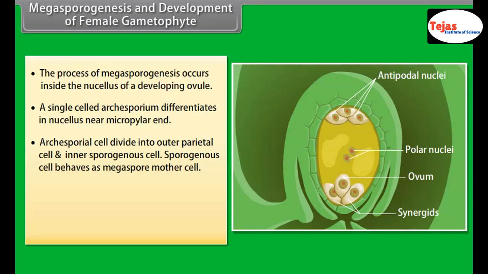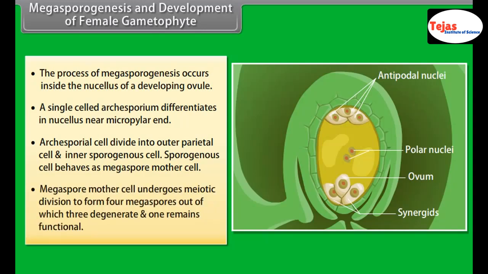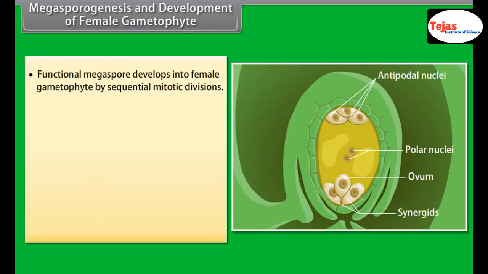The sporogenous cell behaves as the megaspore mother cell. The megaspore mother cell undergoes meiotic division to form 4 megaspores, out of which 3 degenerate and 1 remains functional.